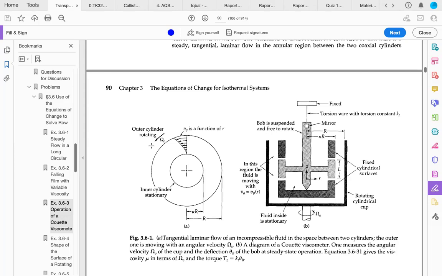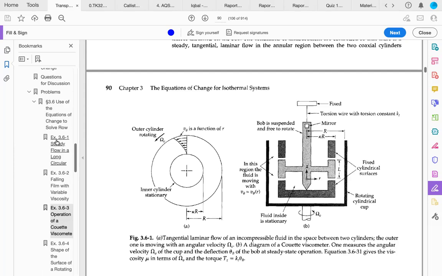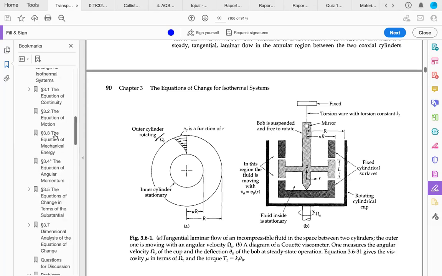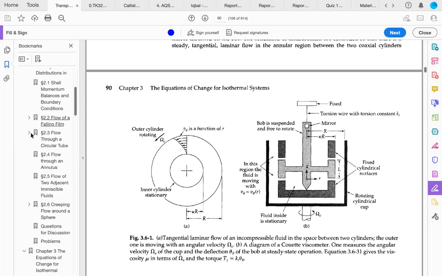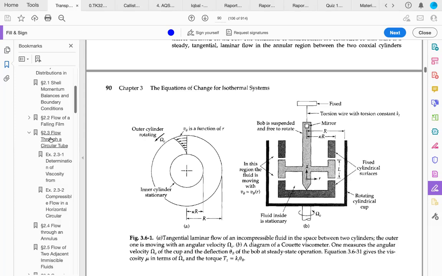Now that's the thing. In that viscometer, they use this flow in a circular tube.